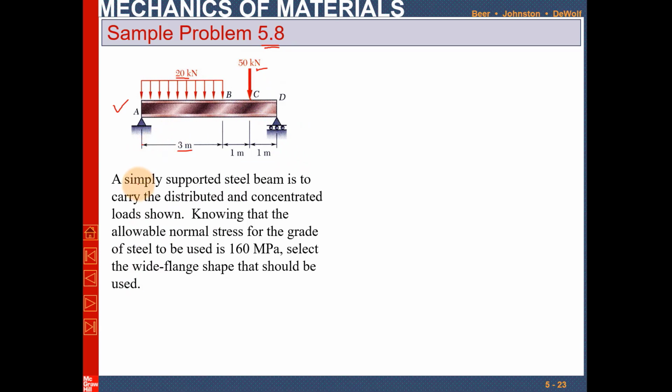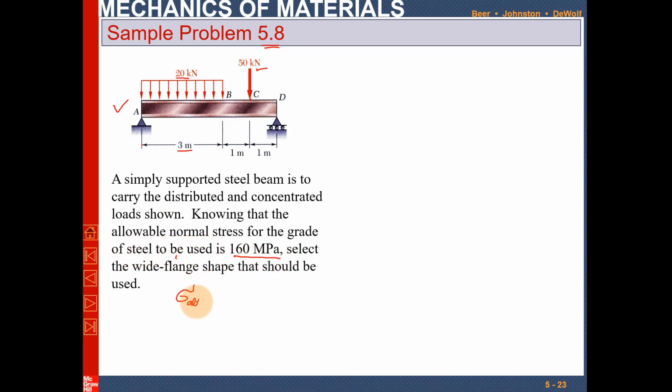In the problem, it is stated that a simply supported steel beam is to carry the distributed and concentrated load as shown, knowing that the allowable normal stress for the grade of steel to be used is 160 megapascal.